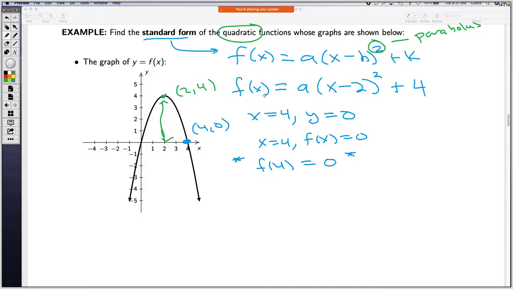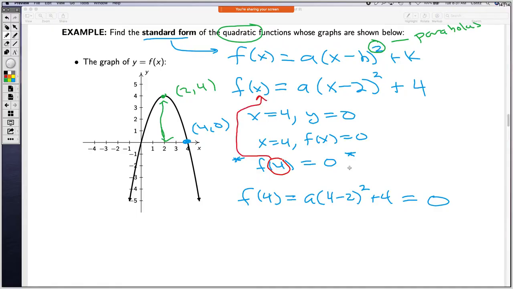So that means what I can do is take my expression f of 4 and plug 4 in for x. So that'd be a times 4 minus 2 squared plus 4, and that has to be equal to 0. So we're plugging x in to here and then setting it equal to 0.